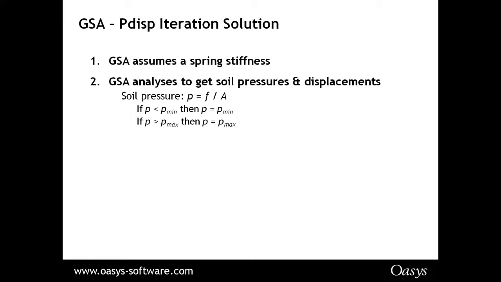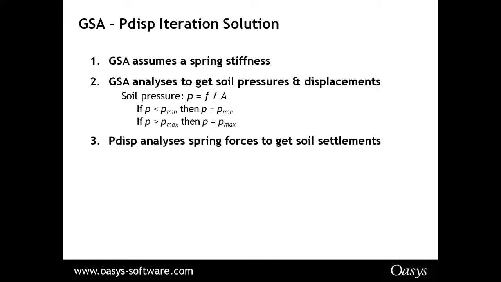Now, with these spring stiffnesses supporting the structure, it will then do a static analysis, and at each spring location you get a reaction because it knows the soil interaction area. You get a soil pressure, and of course because it's a spring you also get a displacement. Now the soil pressure is then calculated and compared to the maximum and minimum values that you've specified. The minimum is typically 0, which will allow the structure to lift off the ground, and the maximum value will simulate plastic yielding of the soil.